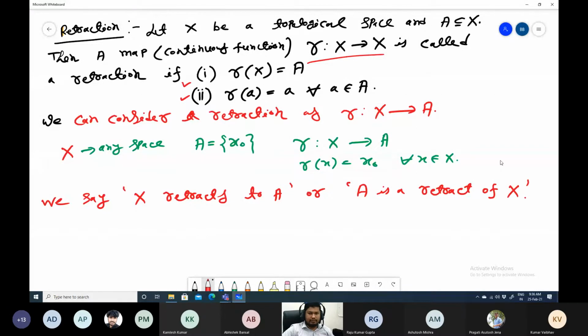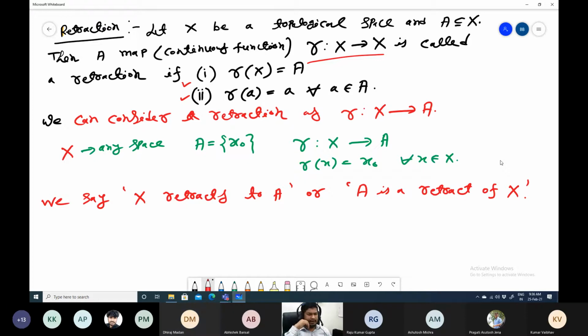If we have a vector space which is also a topological space, and we have some subspace and a projection operator onto that subspace, will that projection also be a retraction onto its range?